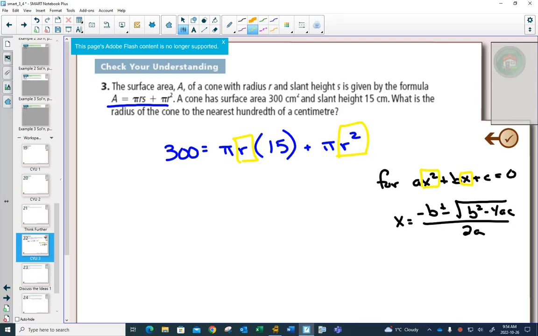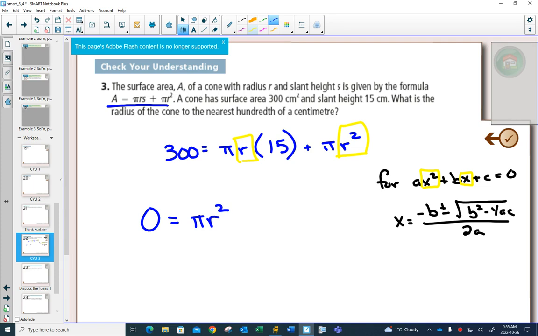Well, the term with the x squared is first, so I'm going to rearrange my equation by moving the 300. I'm going to make one side equal to 0. That's easiest by moving the 300 over. My term with the r squared is pi r squared.